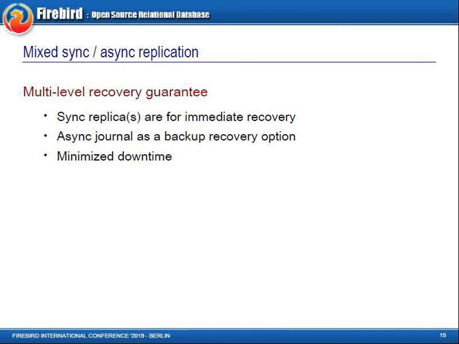In this case, if you set up asynchronous replication as well, it will continue writing journal files. If they cannot be transmitted to the replica side due to the same reasons, network problems for example, they will just accumulate on the master node, and once the issue is fixed, they will be transferred and applied to the replica database.